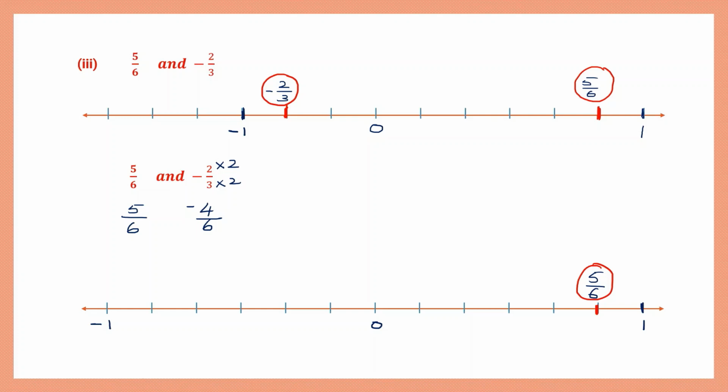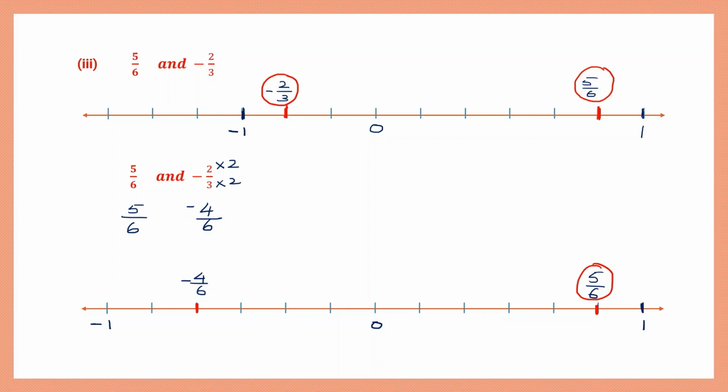Now look at the other one. Now here we have minus 4 by 6. So let's see, minus 1 by 6, minus 2 by 6, minus 3 by 6, minus 4 by 6 is here. So first let's mark that minus 4 by 6. So this is minus 4 by 6 and this is the part where we get minus 4 by 6.